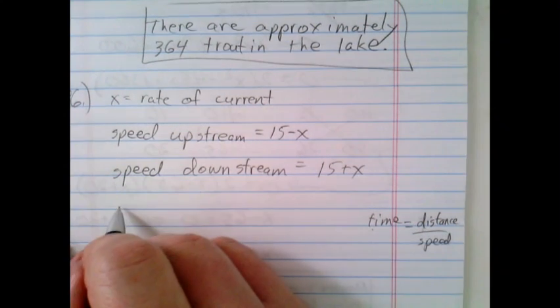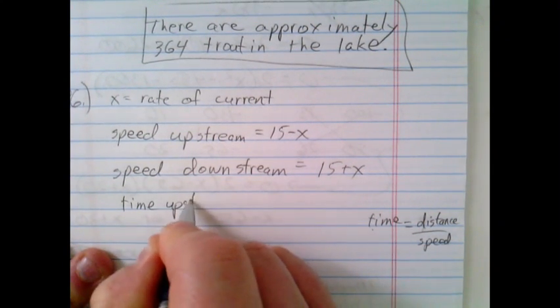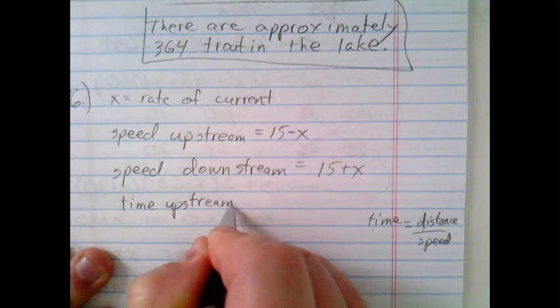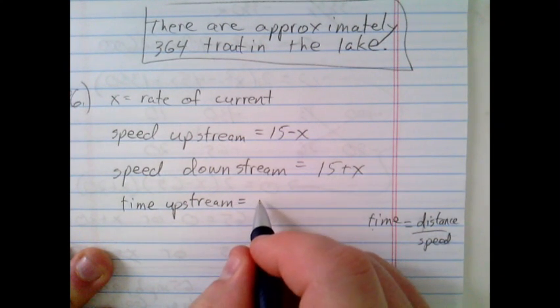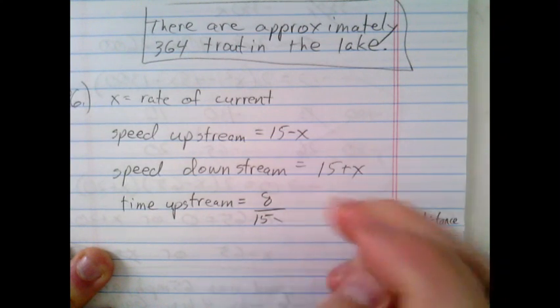So the time upstream would just be the distance, which was 8, over the speed, which is 15 minus x.